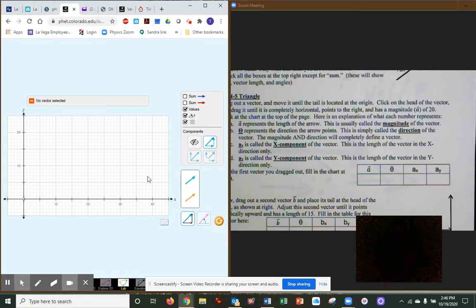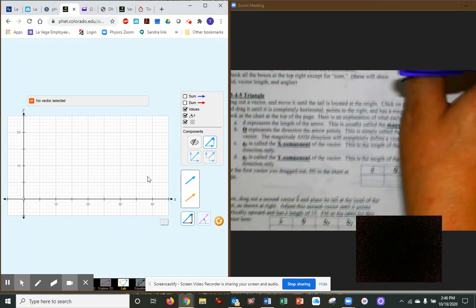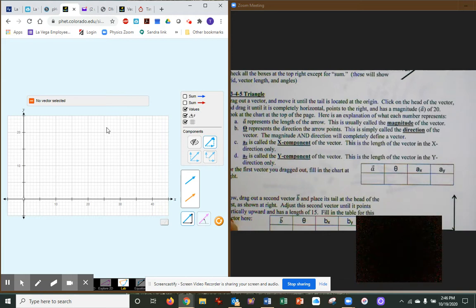Once you get finished playing, check the values, the angle, and the grid check boxes. You can also click on the component button.